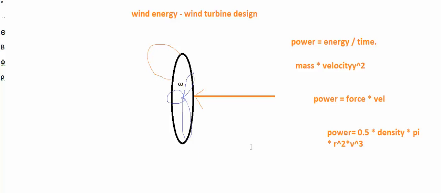Now, the coefficient of power is the ratio of the power generated by the wind turbine to the maximum power which is available. Now just imagine you have this vector, the wind velocity vector.